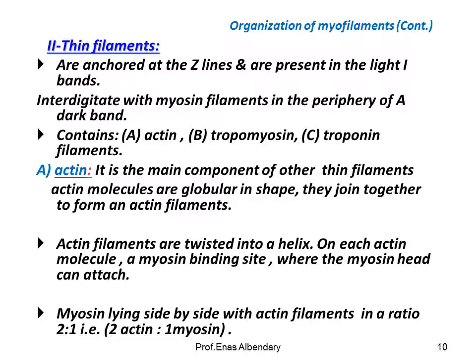Okay, myosin lies side by side with actin filaments in a ratio of 2:1, that's to say 2 actin per 1 myosin. As we see in the previous picture, we see myosin, and above it is actin, and below it are actin molecules.